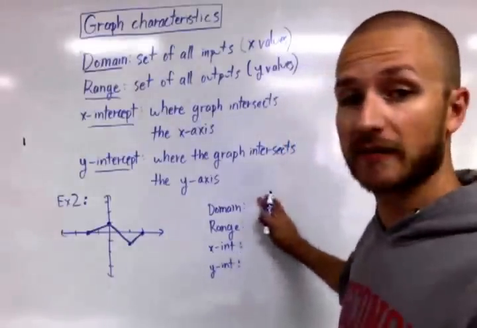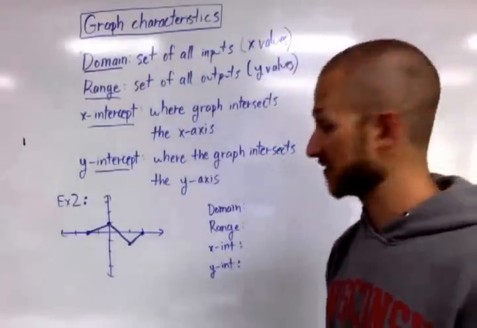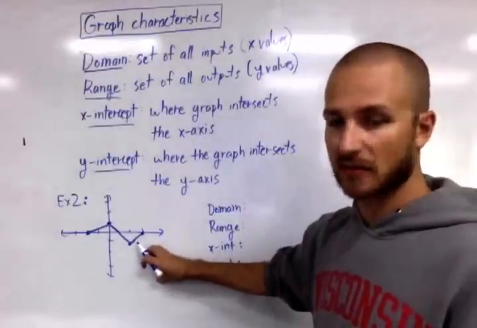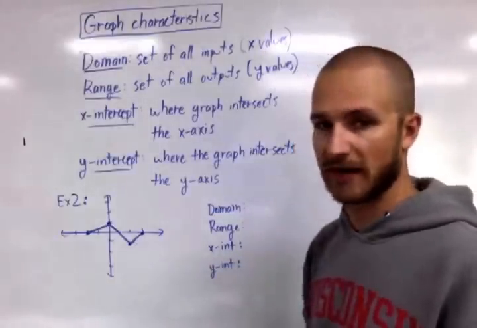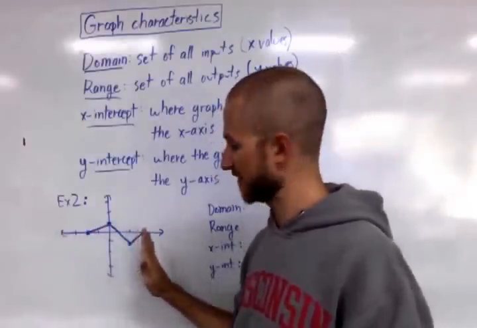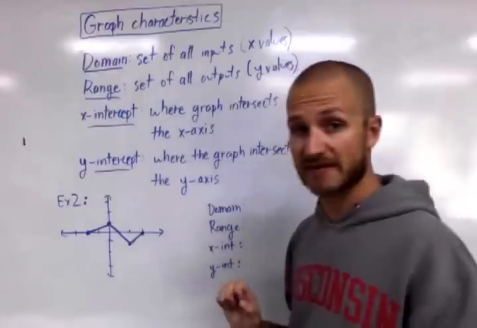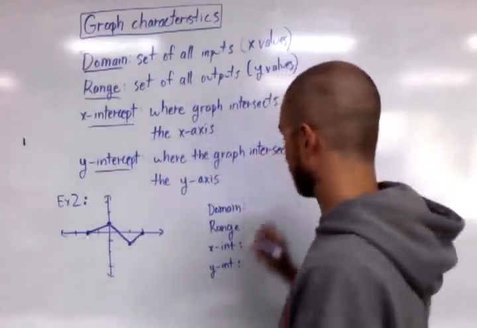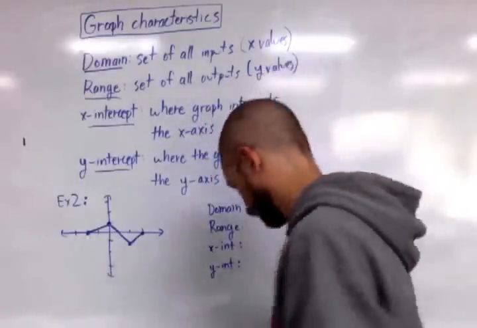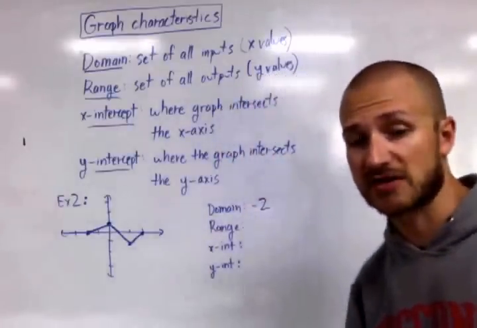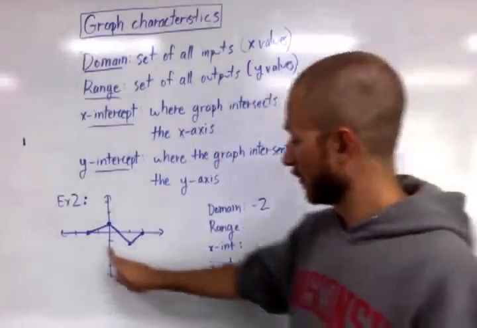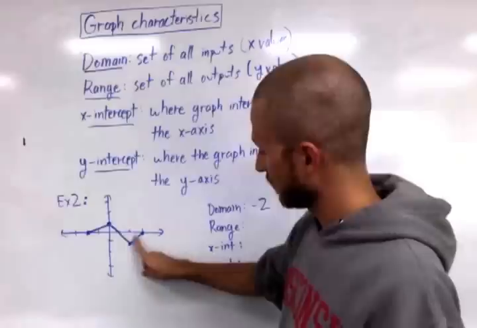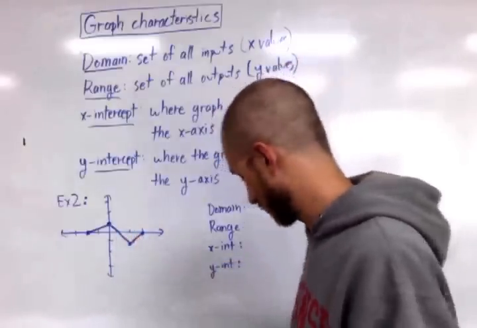All right. The domain is going to be the set of all possible inputs. What x values are there in this graph? Remember, x values go sideways, and so my smallest possible x looks like right there, and that is -2. My largest possible x, we'll look at the biggest x, and it's, say, 1, 2, 3.